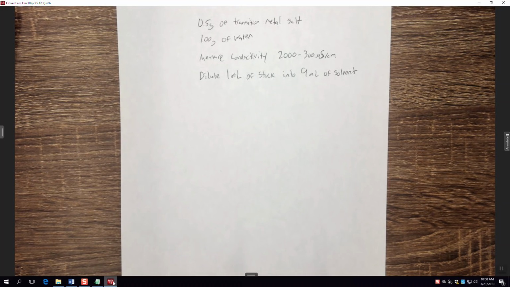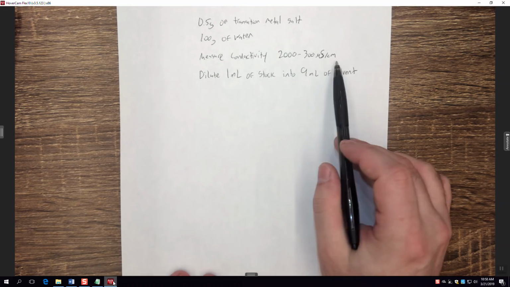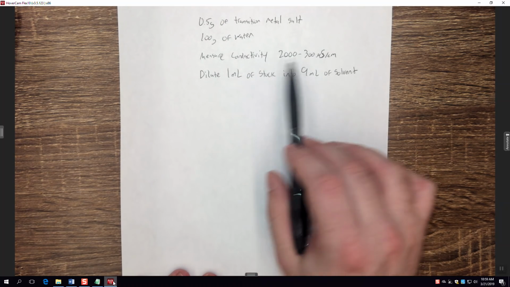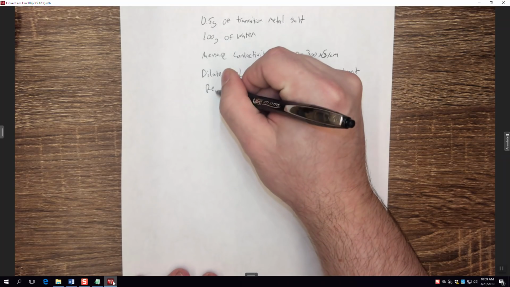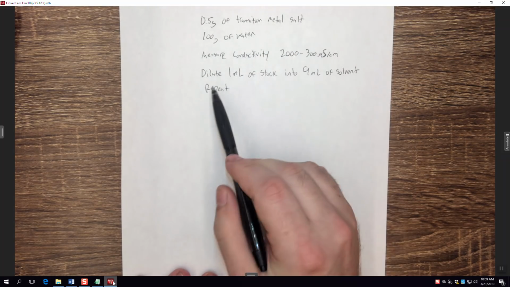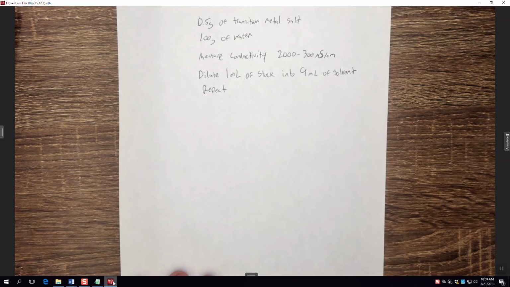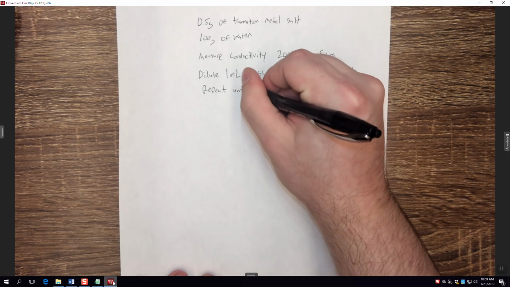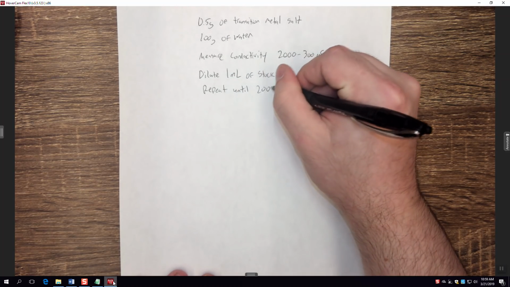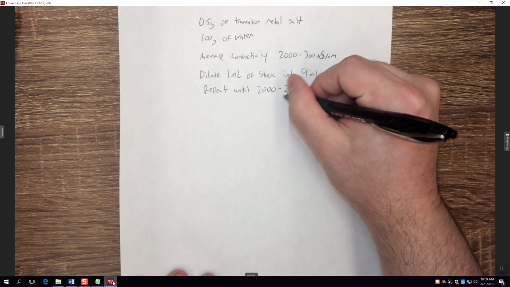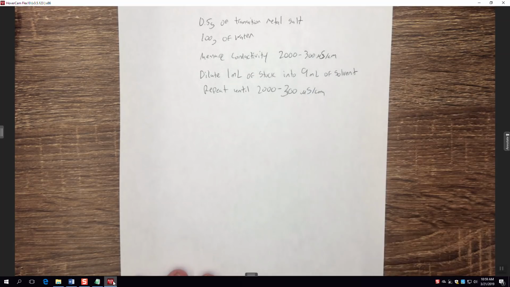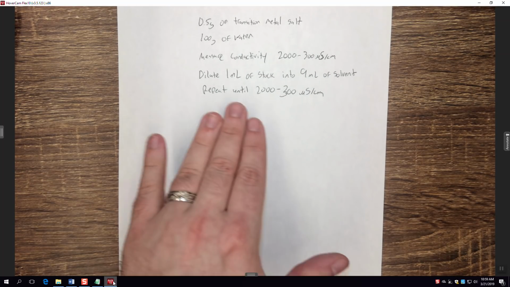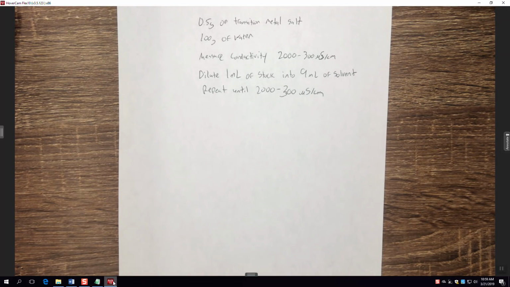Again, we're going to measure the conductivity of this solution, and then repeat the whole process of diluting and measuring over and over until the conductivity is somewhere on our 2,000 to 300 microsiemens per centimeter range. Eventually we will get a measurement on this range, and that will allow us to make our calibration curve.